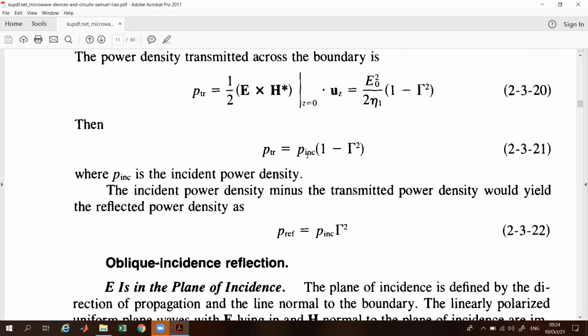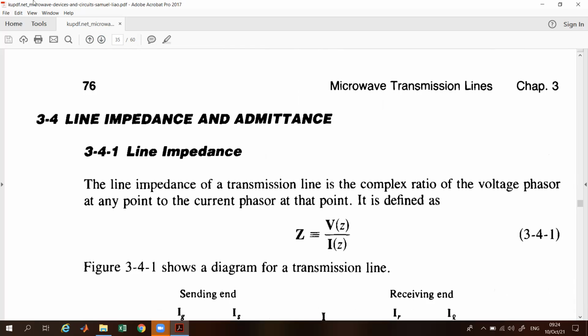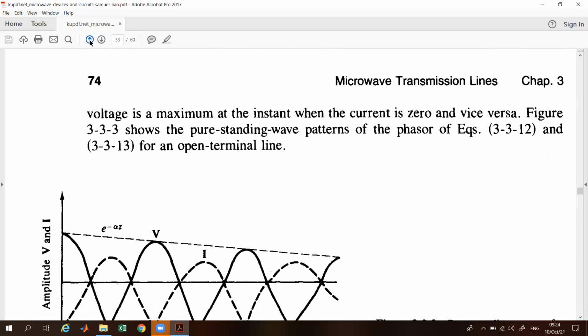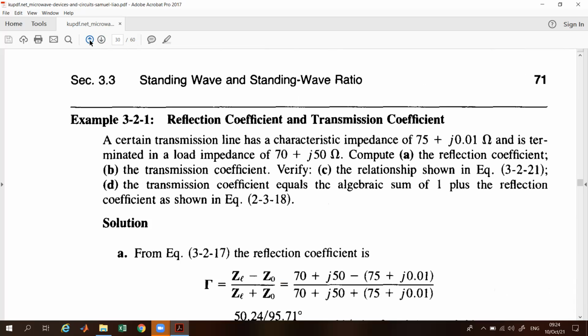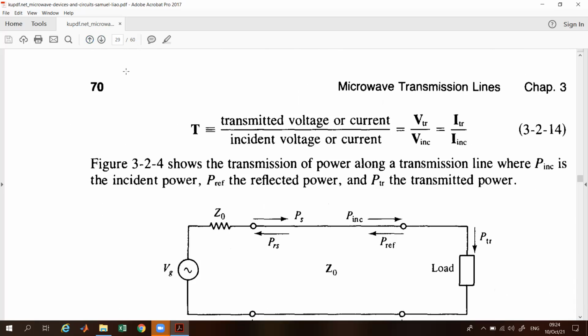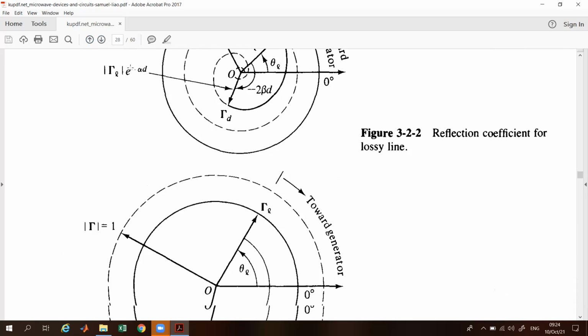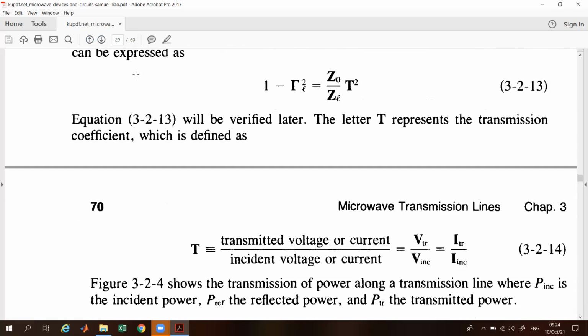So when you subtract the reflected power from the incident power, you get this relation. So this has been used to get this relation.